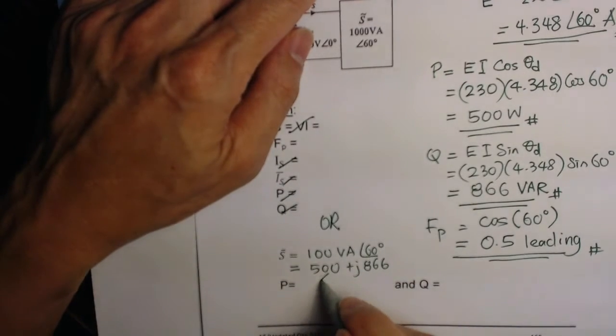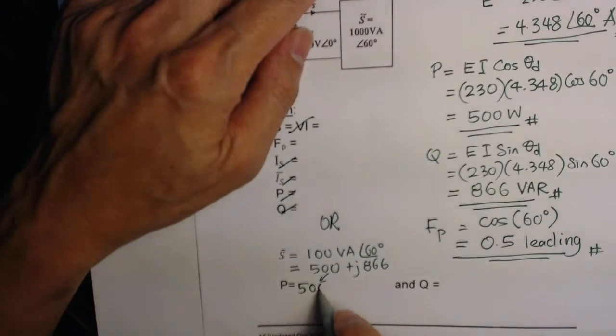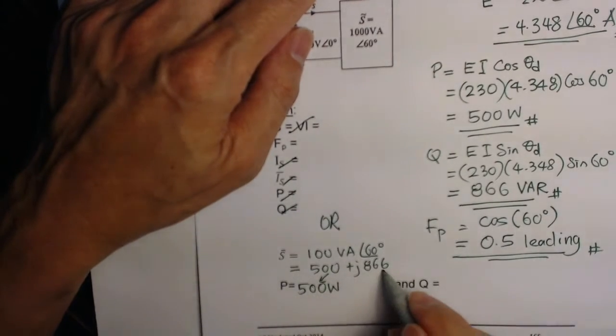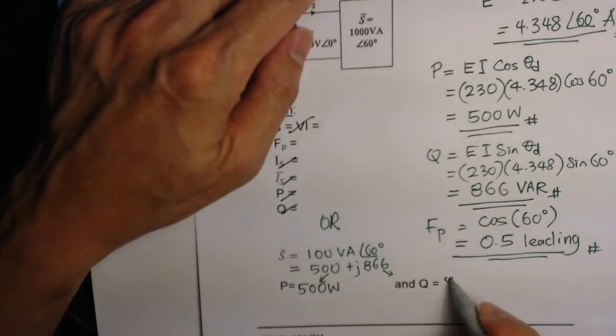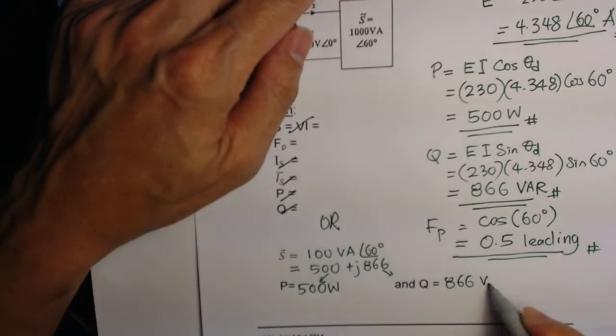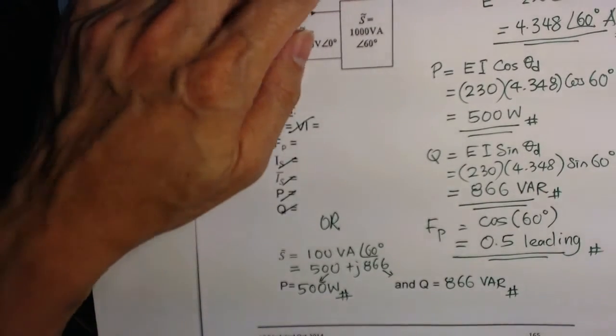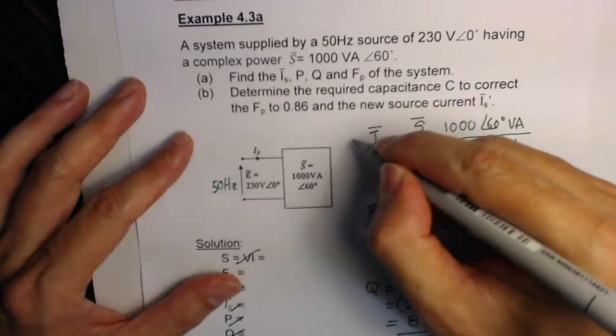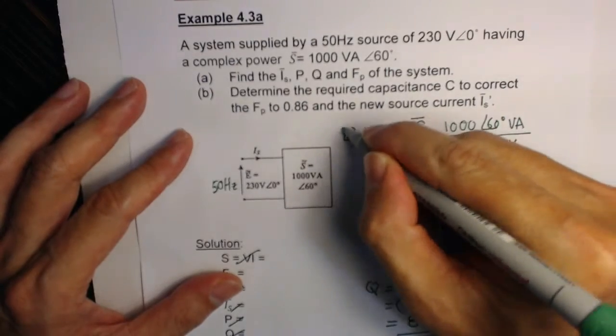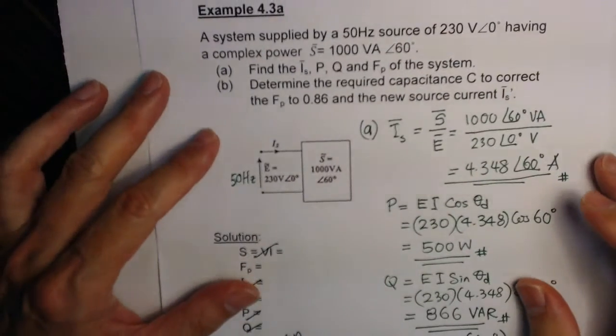So this 500 is the real power, and 866 is the reactive power. Okay, two methods to do that. Now that's part A of this question.